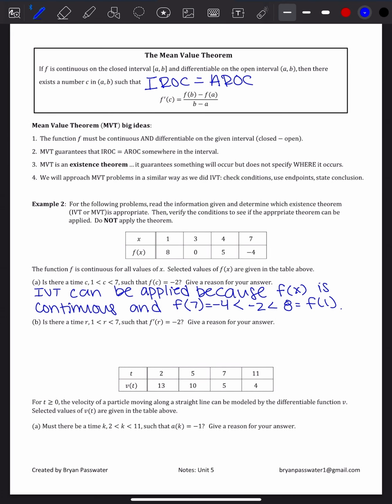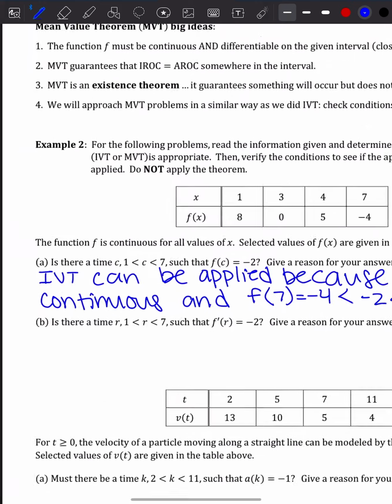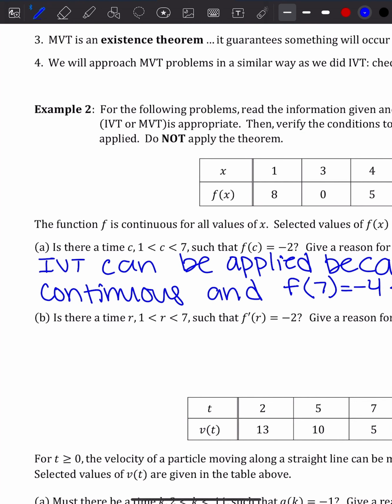Okay, so our second one here, is there a time r, where r is between 1 and 7, such that f prime of r is equal to -2? Give a reason for your answer. So there is one very big key thing here that it did not say. It did not say this function was differentiable. So we know nothing about the derivative, which means MVT does not apply here.